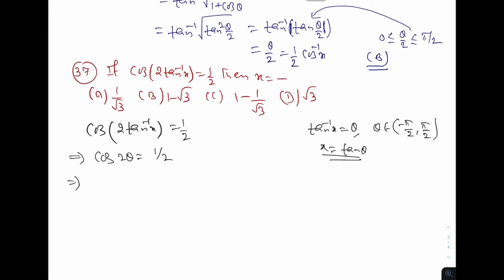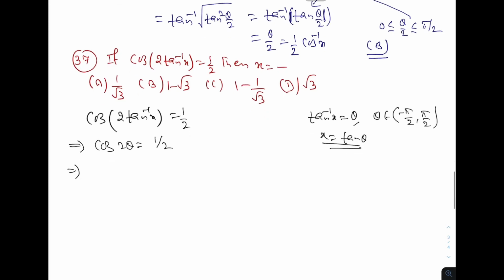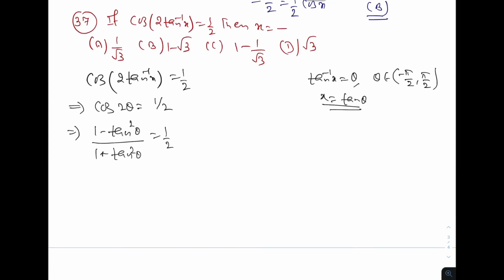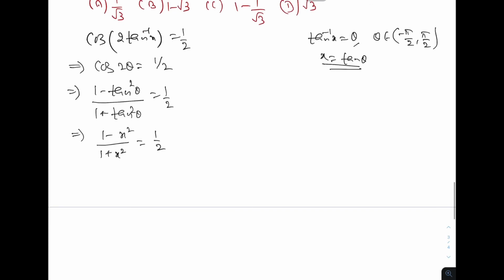Now x is in terms of tan theta, so we use the formula for cosine 2 theta in terms of tan theta. So that is 1 minus tan square theta over 1 plus tan square theta equal to 1 by 2, or you can say 1 minus x square over 1 plus x square equal to 1 by 2, because x is equal to tan theta.